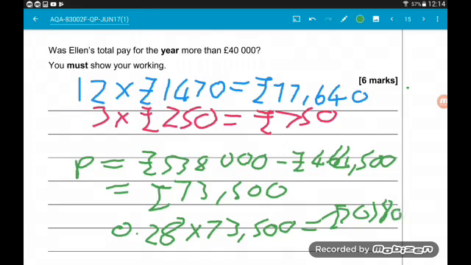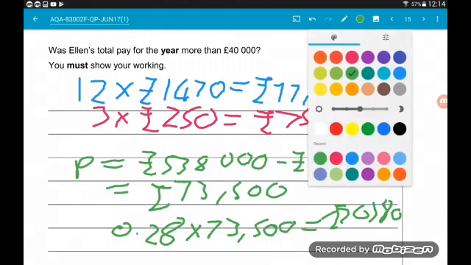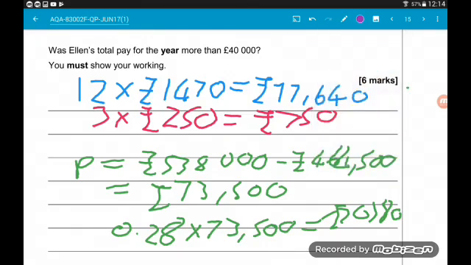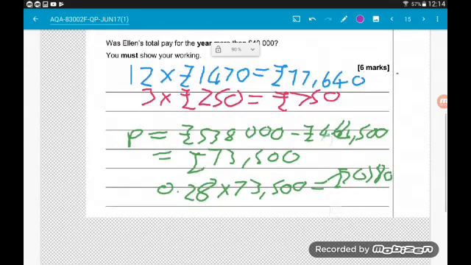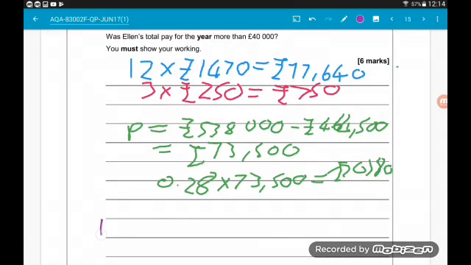So now we know the three amounts that she earns. We want to add them together to see how much she earns. So we now want to do 17,640 add 750 add 20,580.